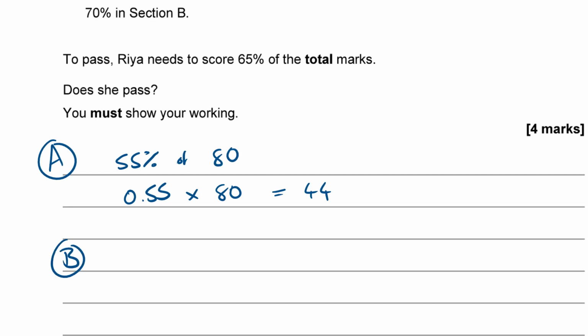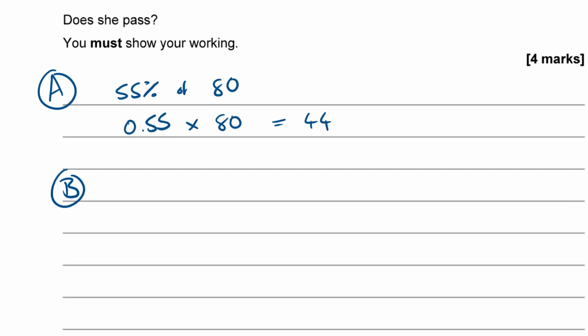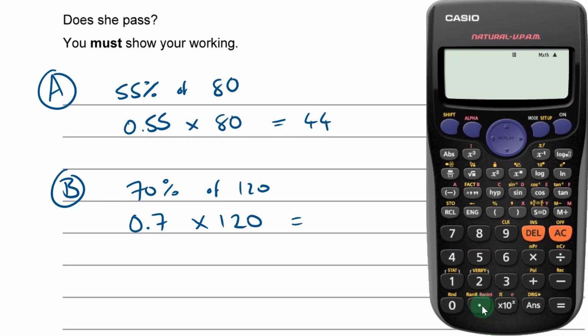She scored 70% and section B was made up of 120 marks. So it's 70% of 120. So 70% as a multiplier would be 0.7. 0.7 times 120. Again, time for a calculator. 0.7 times 120. That's equal to 84.